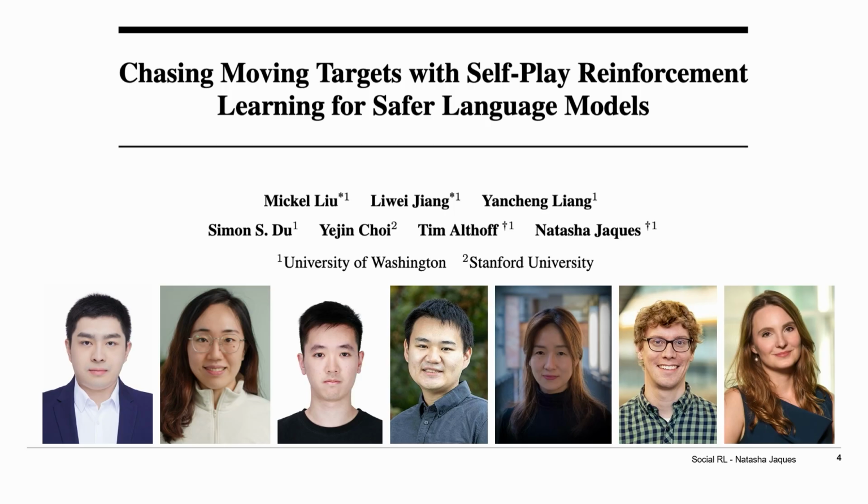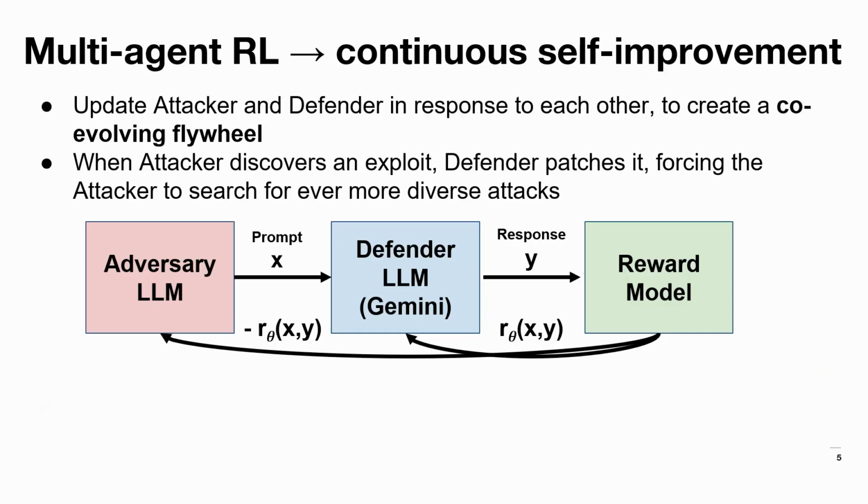And the idea here is if you update both the attacker and the defender model online in this co-evolving loop, then as soon as the attacker discovers an attack, the defender patches it. And this changes the incentives for the attacker, and it forces it to find more diverse attacks and eventually cover the entire space of attacks.